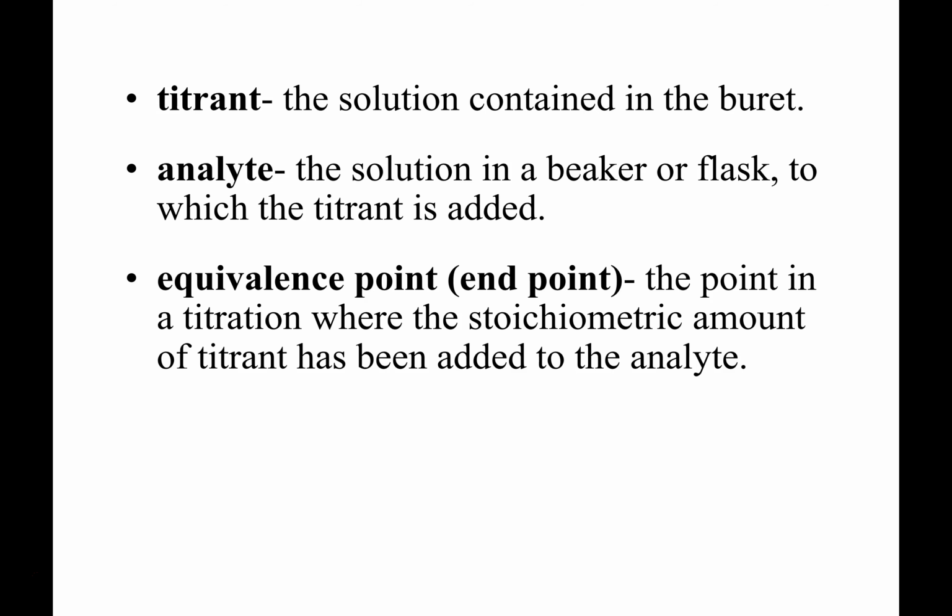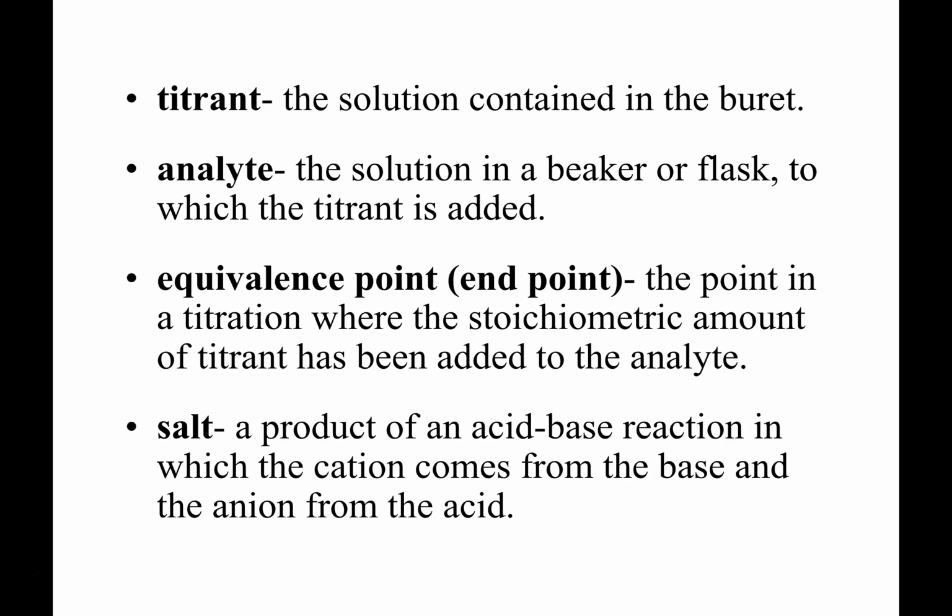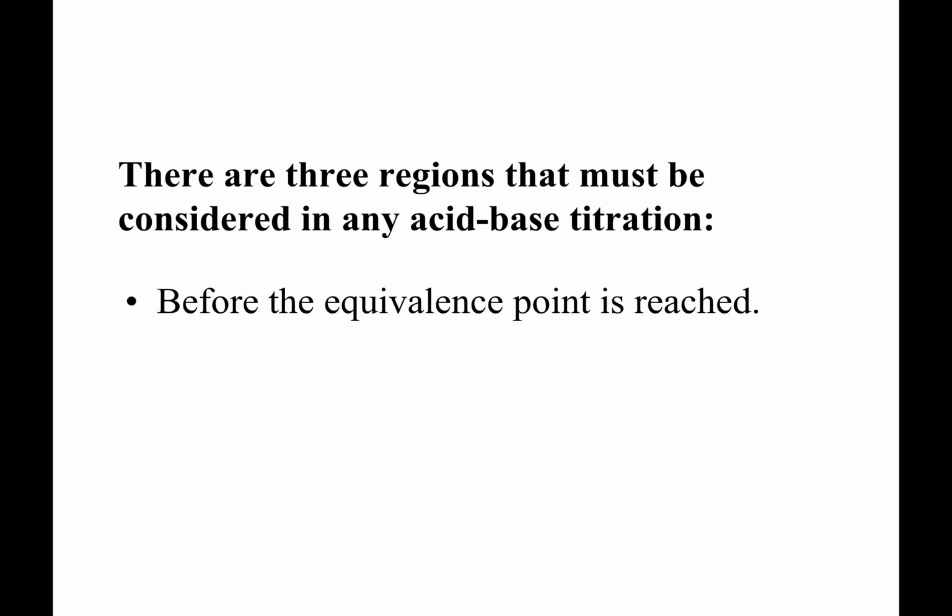Equivalence point, equivalence volume. Now there's a slight difference. The salt is on the product side. An acid-base reaction will always give you a salt. I'll show you what that looks like. So when you're titrating, there are 3 regimes that have different chemistry going on, and I have a slide asking, can you identify where that equivalence point is?